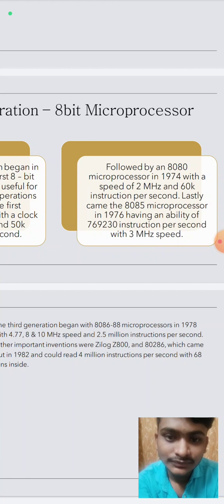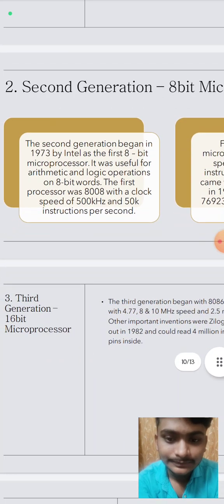Lastly came the 8085 microprocessor in 1976, having an ability of 769230 instructions per second with 3 megahertz speed.